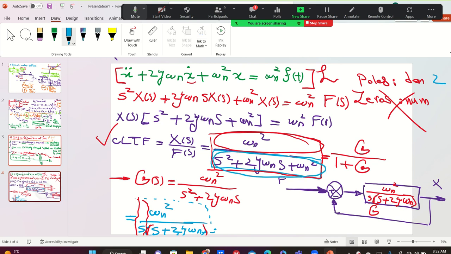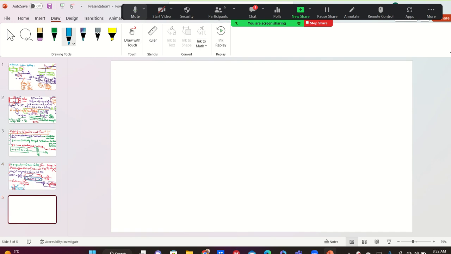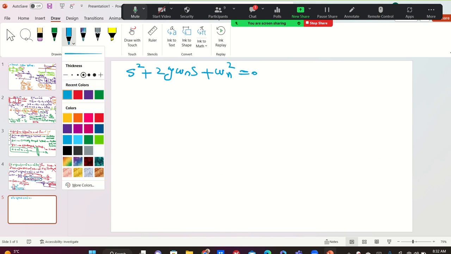So, saying that, the poles of the system, we're going to solve for that. These are the poles of the system.